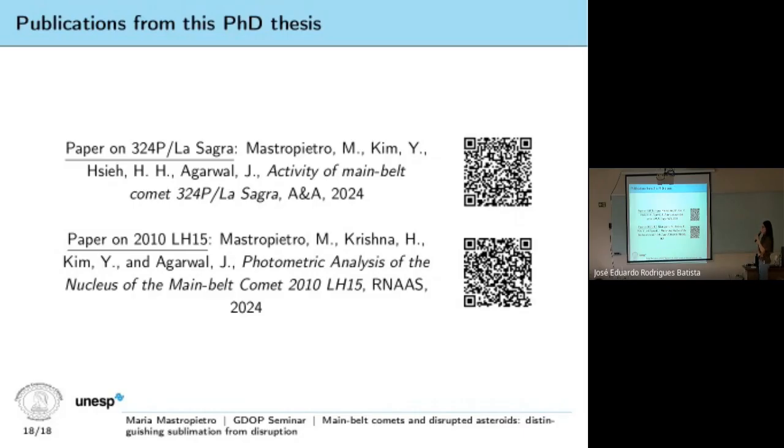And for LH15, we published a research note, since before this paper we only had one piece of literature, from its discovery. This paper gave some baseline for studying the object in detail in the future and its future activity.